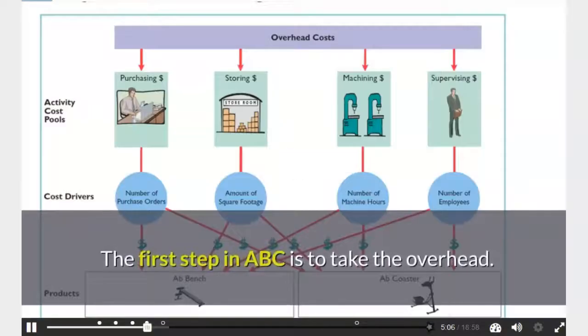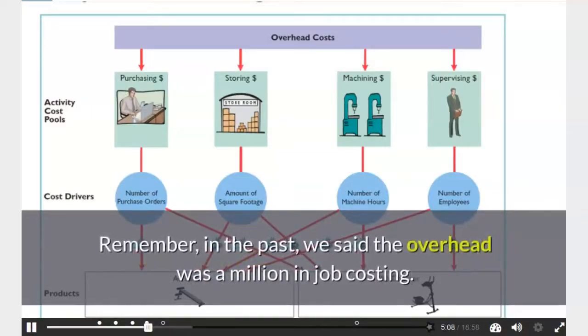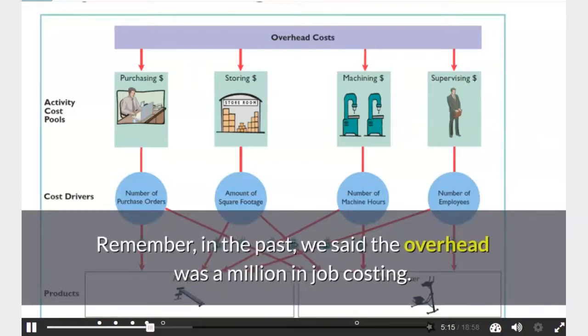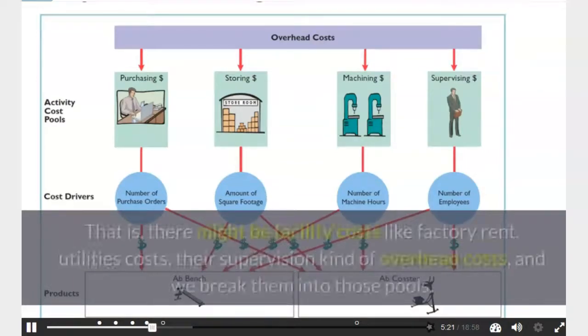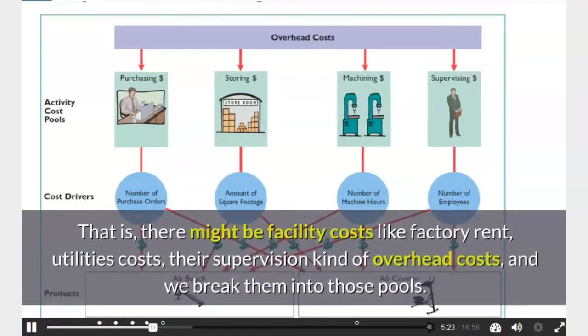Now, in activity-based costing, the first step is to take the overhead. Remember in the past we said the overhead was $1 million in job costing. Well, we take that $1 million and we break it into pools. That is, there might be facility costs like factory rent, utilities costs, supervision kind of overhead costs.